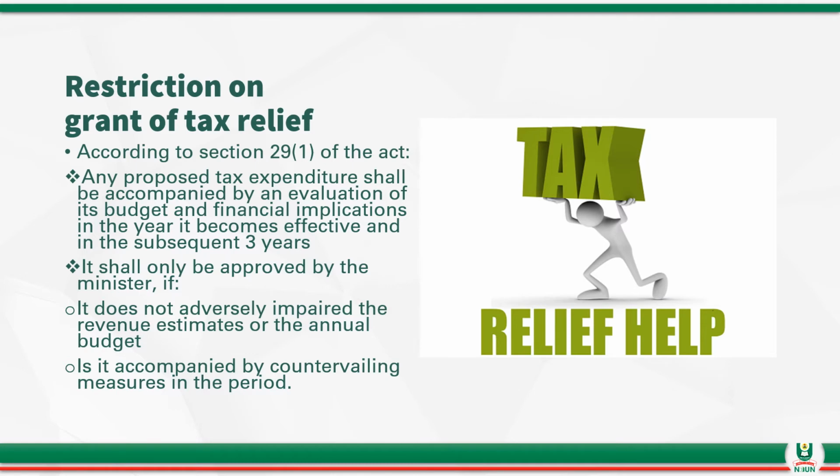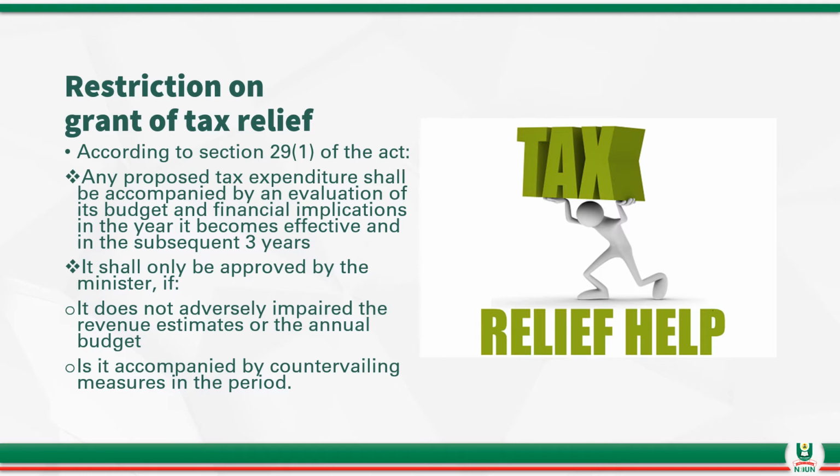So having looked at the expenditure ceiling, which is the expenditure side of government fiscal action, let us now look at the taxation aspect, restriction on grant of tax relief. You know, the government has powers to give tax relief when the need arises, but this Act is placing some restriction on the grant of such relief.